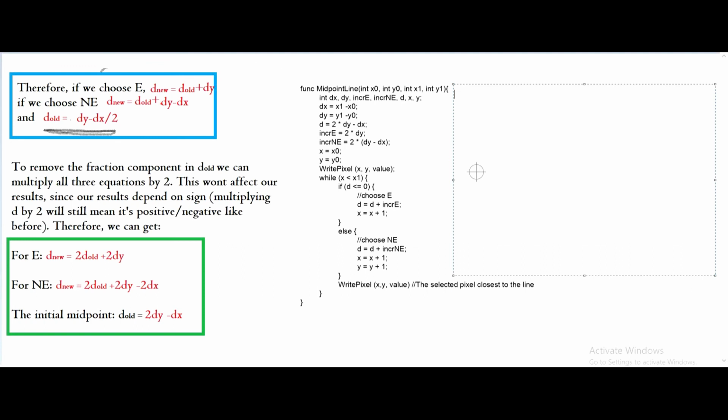Okay then, so this is our algorithm. Take a quick look at it, and I will be explaining it line by line.